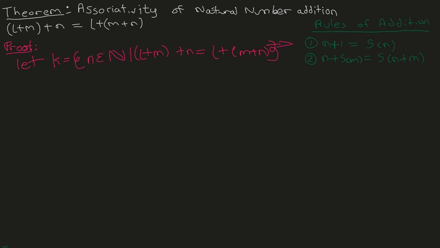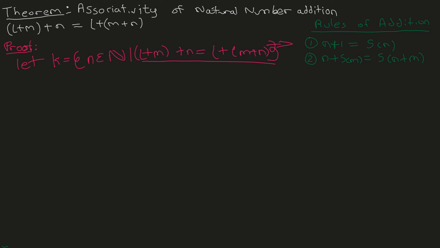If we're able to prove that this subset follows this property, then automatically we'll be proving that the natural numbers themselves also have this property, because K is just a subset of the natural numbers.